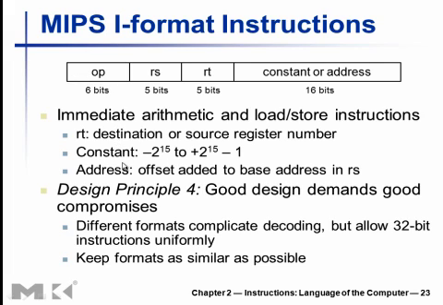So the constant range will be negative 2 to the 15 to 2 to the 15 minus 1. For the address, sometimes we record it as an offset, which has to be added to the base address in RS.